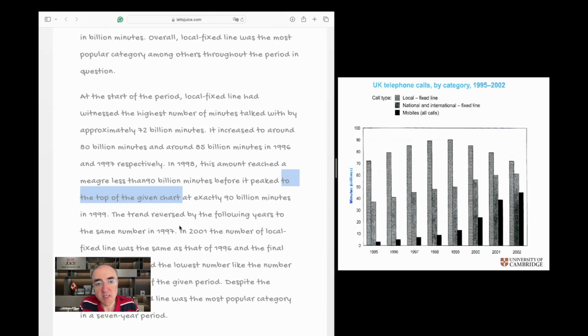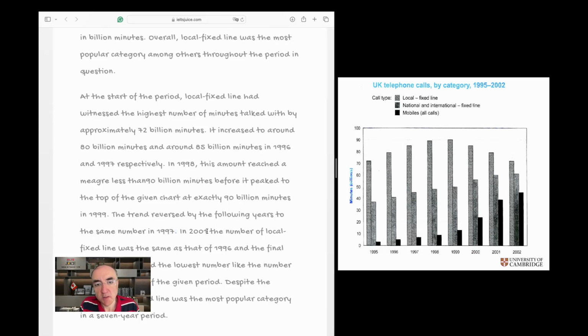Because the sentence ends here, so the message is over, it's complete. I think the following year. I know the trend carried on, correct, but we could have said the trend reversed in the following years, and in 2000 it was the same number as there was in 1997.